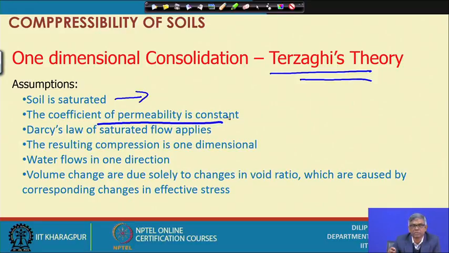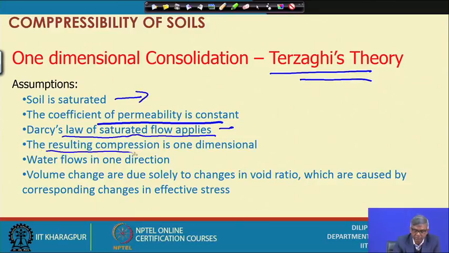We know the coefficient of permeability can vary in different directions and at different depths, but for the development of this theory we assume the coefficient of permeability is constant, particularly within a particular layer. Darcy's law of saturated flow applies, v proportional to i, that also has to be valid.